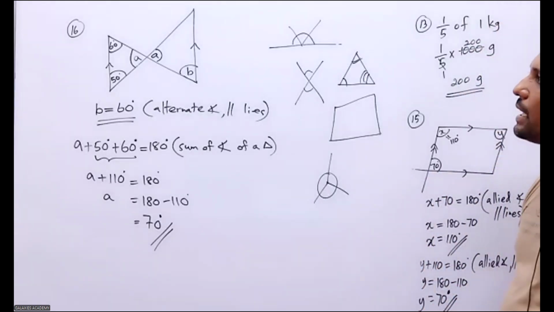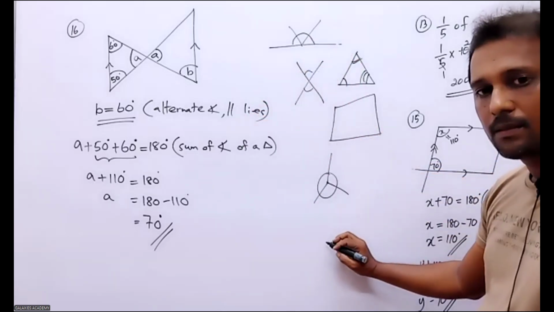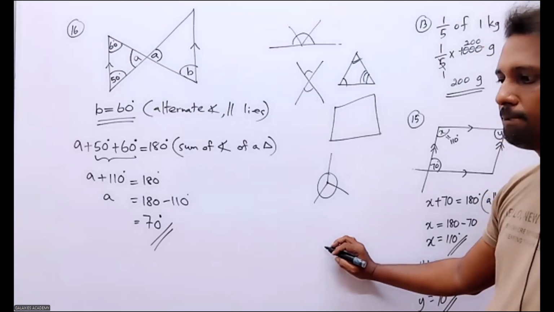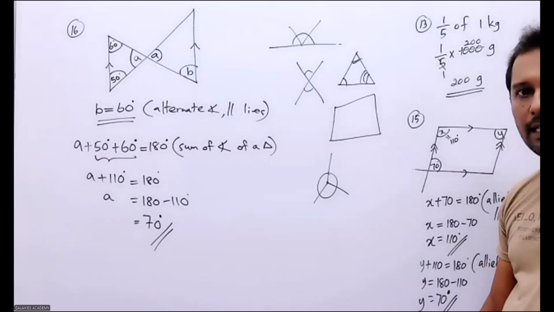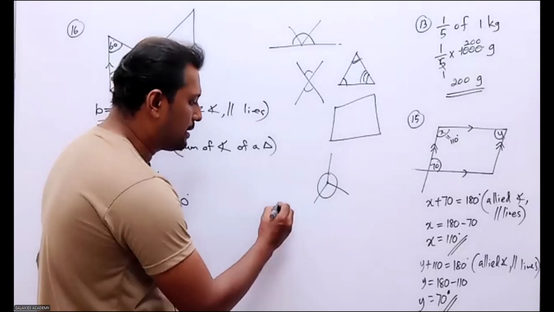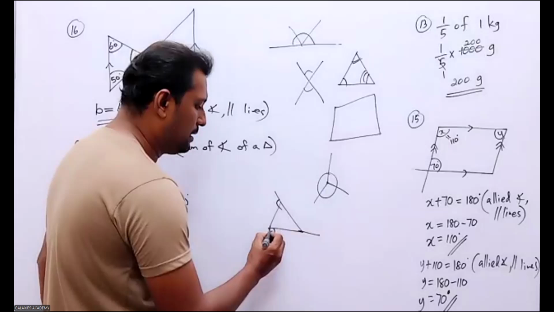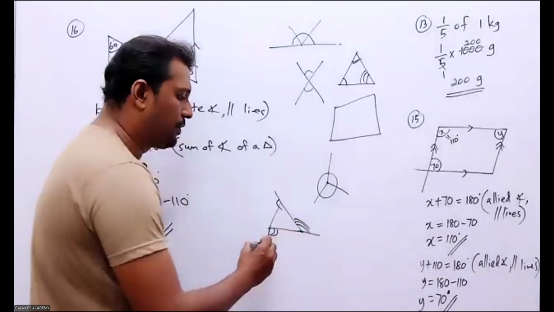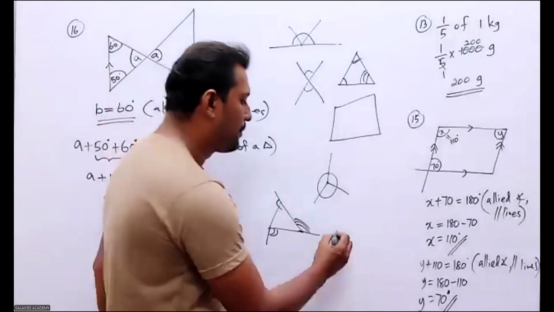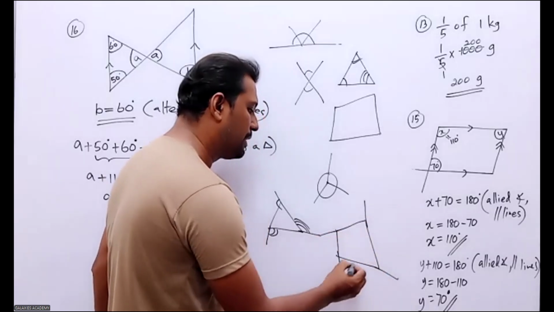Then also you can use the theorems related to parallel lines. Exterior angles. Exterior angles also you studied in grade 8 class, no? What is the sum of exterior angles of a triangle? 360. Yes, 360. Sum of exterior angles of a triangle is 360, and also the sum of exterior angles of a quadrilateral is equal to 360.